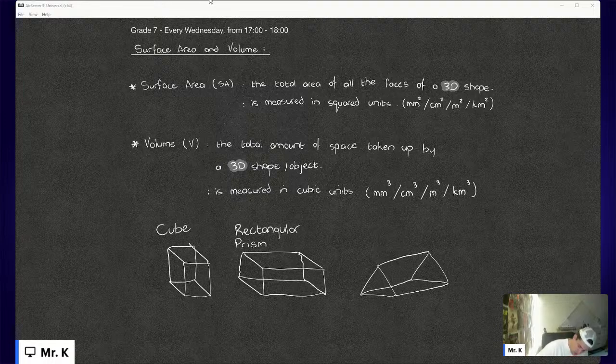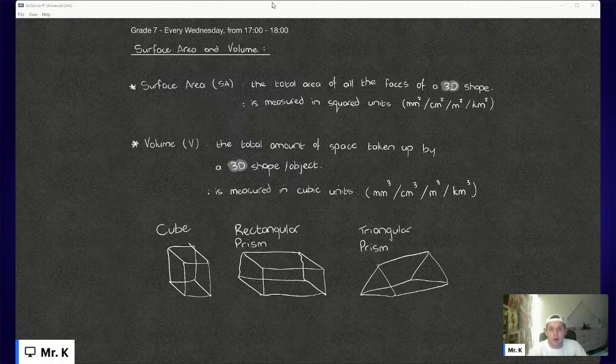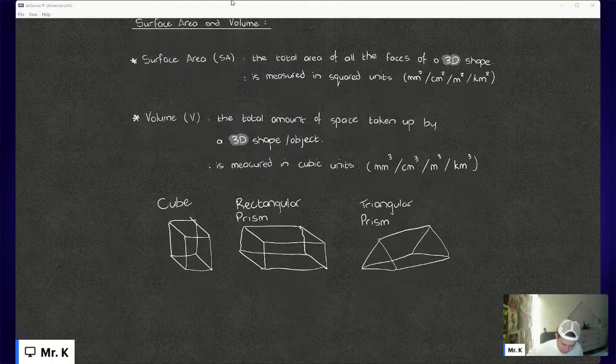And finally, we have a triangular prism. If we want to calculate the volume of these 3 shapes, how are we going to do that? Well, I'm going to quickly show you guys 3 different formulas. Now, keep in mind, these are the 3 basic shapes when it comes to volume.